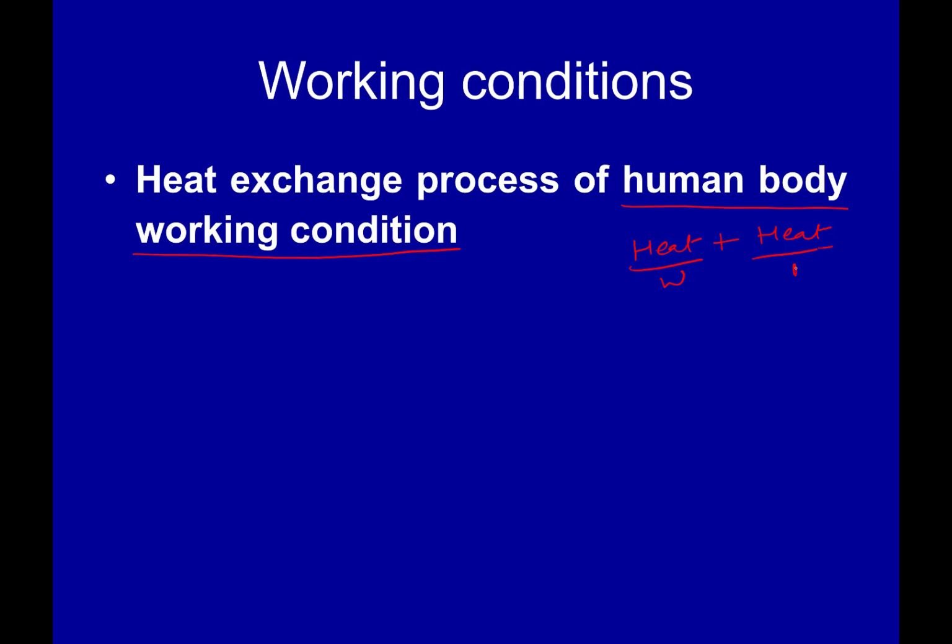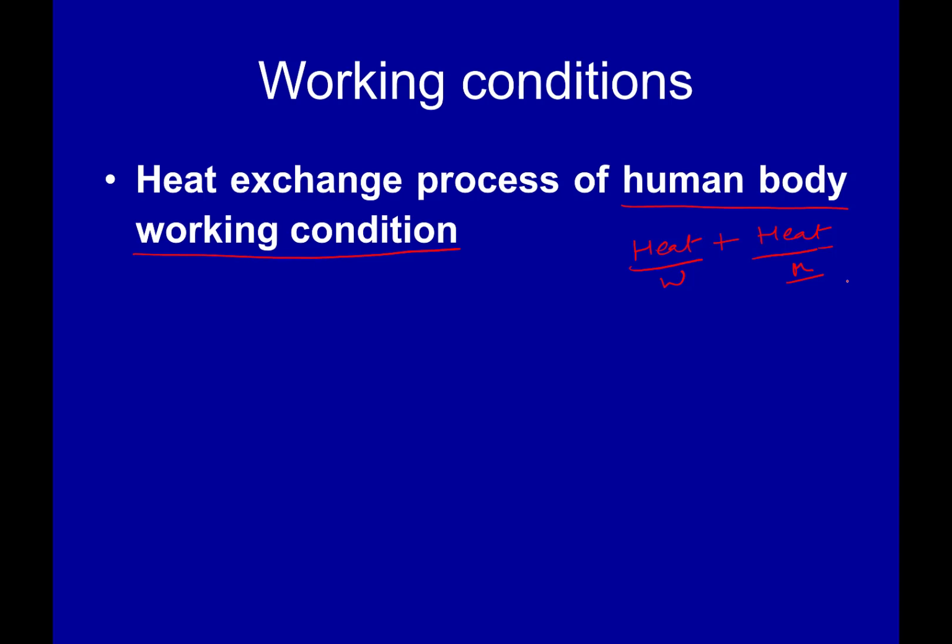Okay, so whatever heat is being generated, if the body is not able to dissipate the heat to the surroundings, then body temperature will start rising. The body temperature in general for a healthy man is constant, around 37 degrees centigrade, and if the temperature keeps on increasing, it will bring a lot of health issues to the human body.